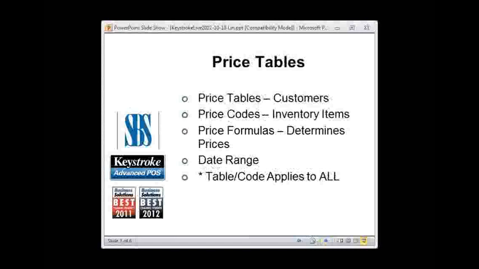You can blank out or have nothing in the table on a customer or nothing in the code on an inventory item, which will say for customers, they're just going to get the base price, whatever the base price is. If you have a blank price code on an inventory item, it will not be affected by any price tables.